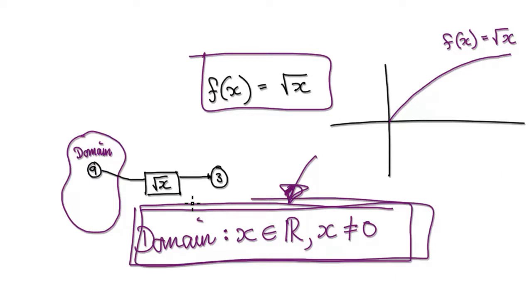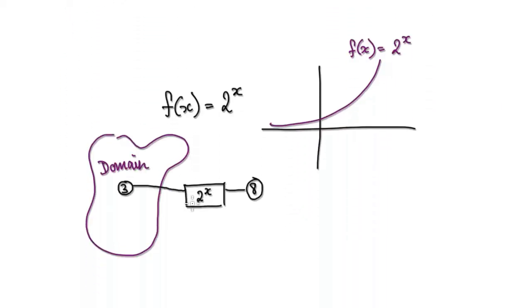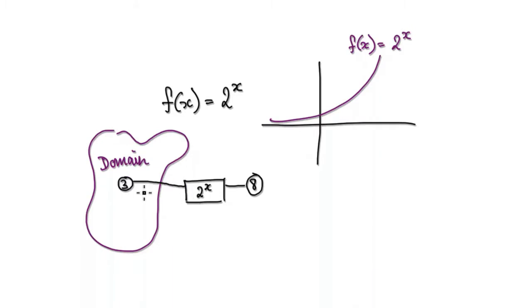Okay. So another example. The domain for this: we've already seen this graph. This graph looks like this. If you put a 3 into the machine, 2 to the power 3 is 8, so it will spit out the number 8.